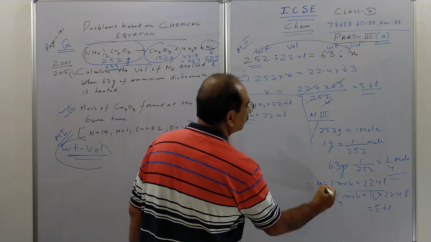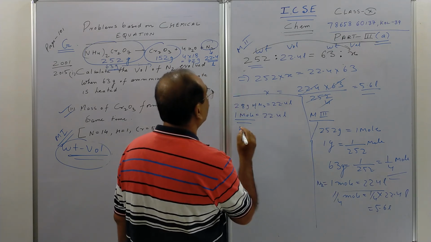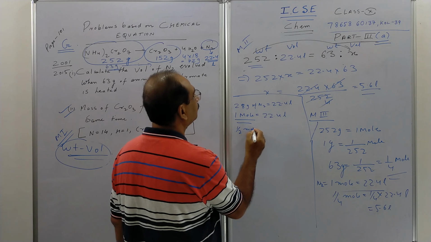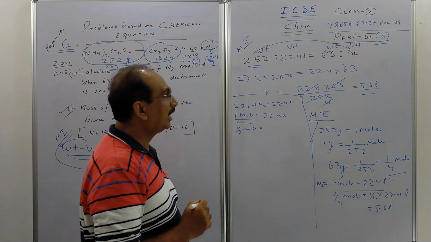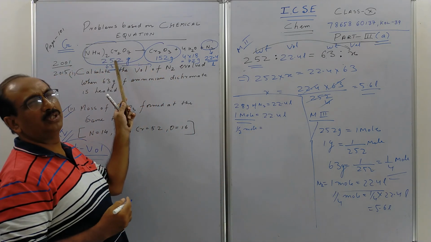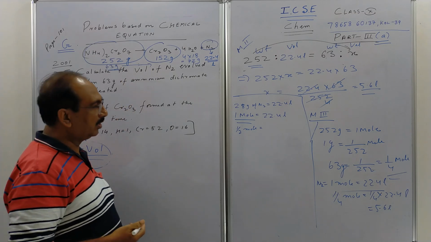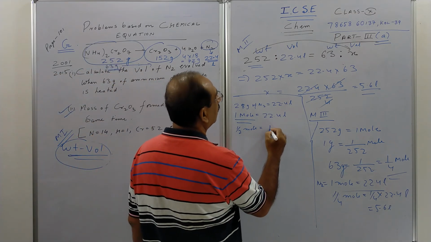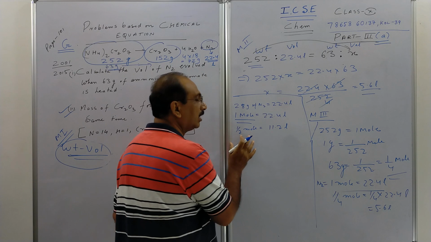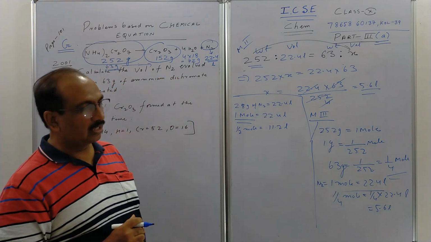Now if you have half mole, like in place of 252 you take half of that, 126, you will get 11.2 liter. So whenever the gas is half mole, you get 11.2 liter.